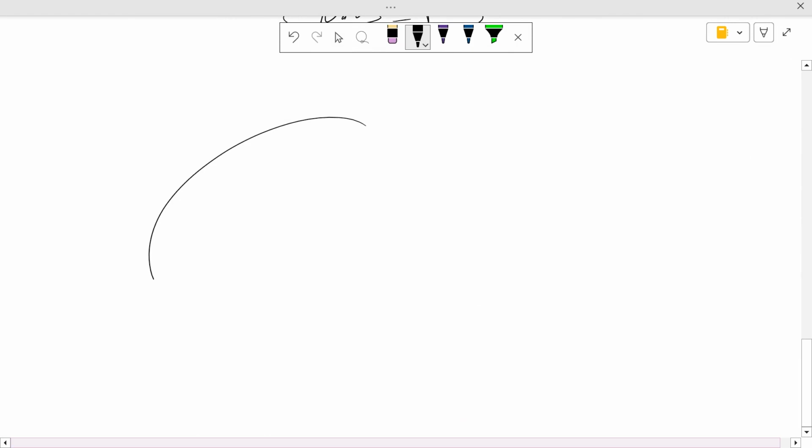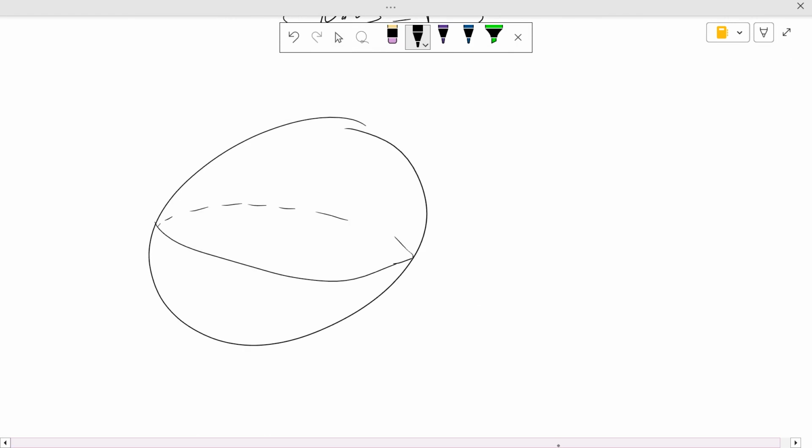Okay. We have a sphere. What is the area of the great circle? And a great circle is the biggest circle that you can have in a sphere. When you cut it off, the cross section makes a circle.